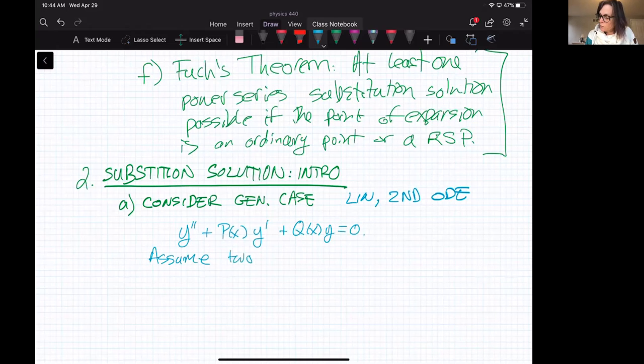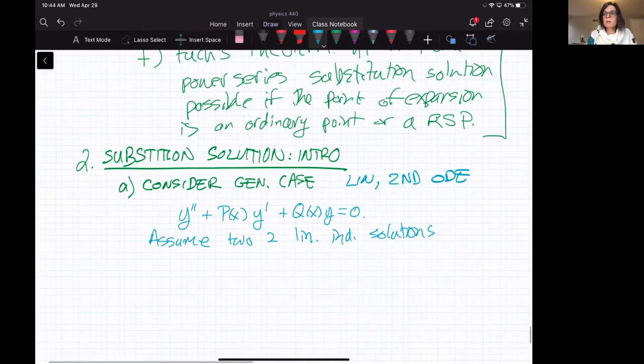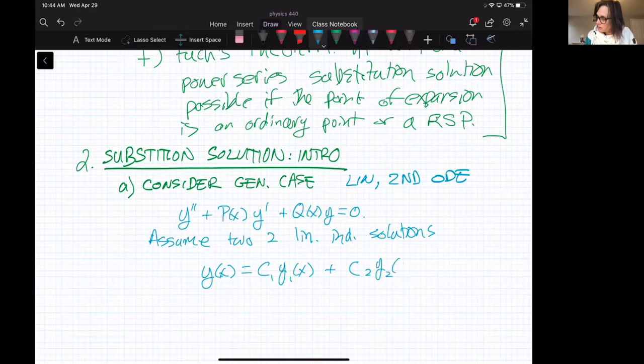So we assume two linearly independent solutions, which is something we've certainly had a lot of experience with, namely y of x is equal to c1 y1 of x plus c2 y2 of x.